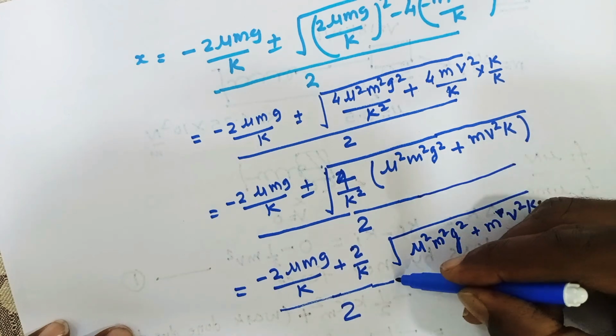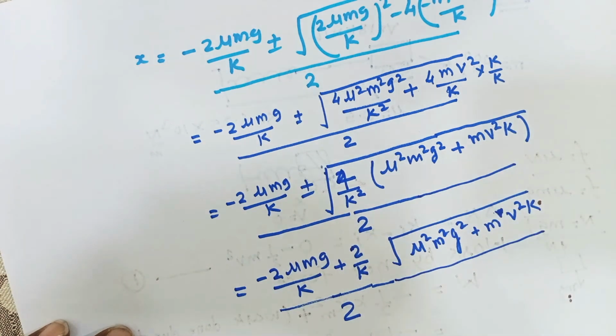This also we can write like this. So now we have this. Now from both of these, 2 by k is common. So minus 2 by k is common. Denominator, this 2 will be there.